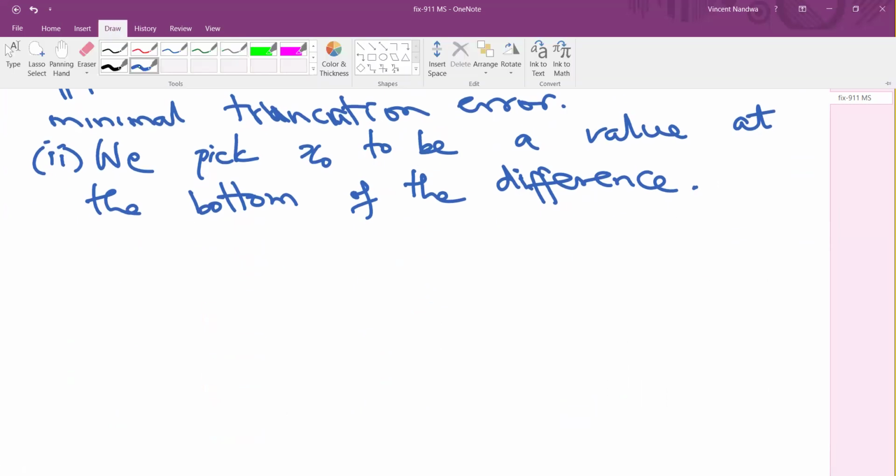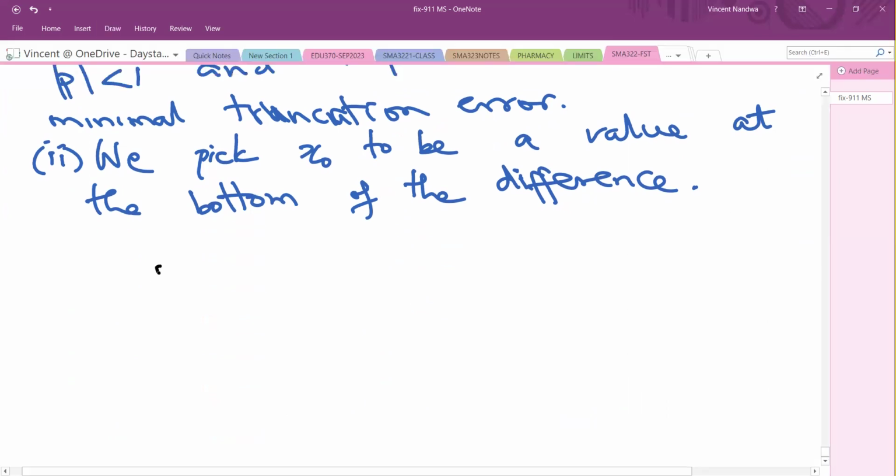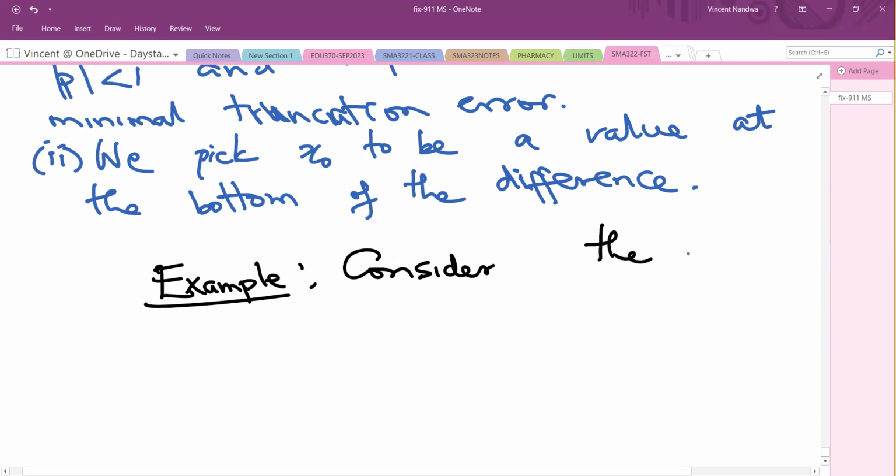So example, consider the table below for function f.